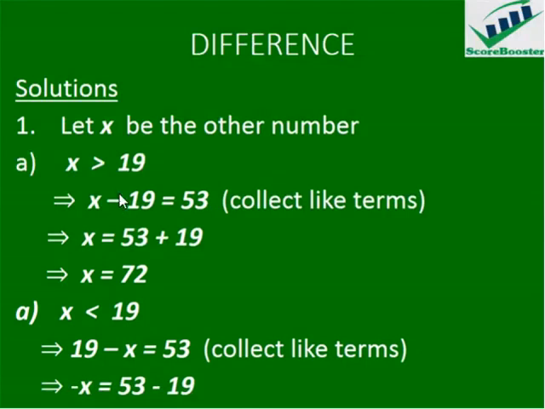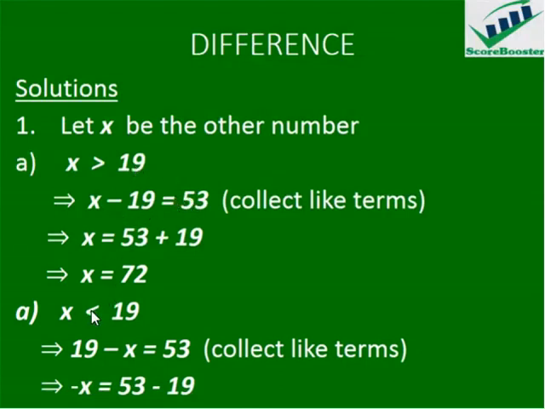So the first one is, when that number is greater than 19, we have to subtract 19 from that number to have a positive difference. If the number is greater than 19, it means that number is the larger number and 19 is the smaller number. So for us to get a positive difference, we have to subtract 19 from it.